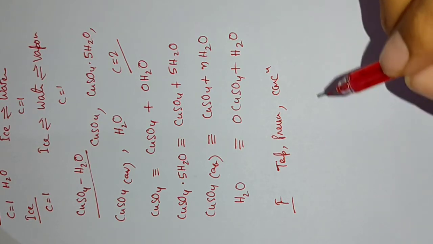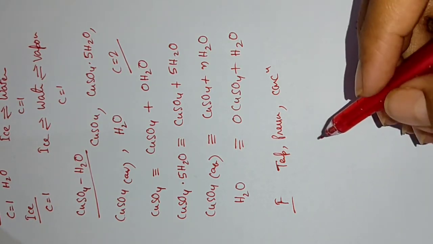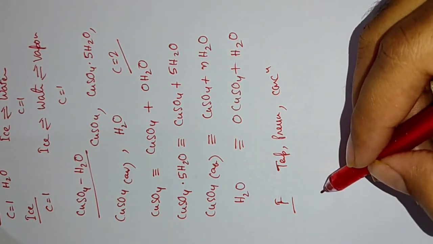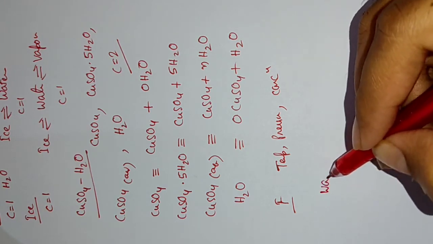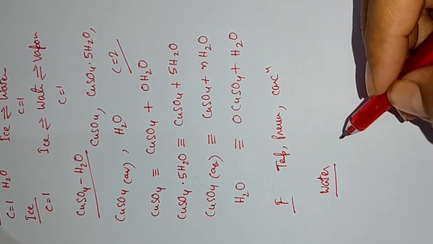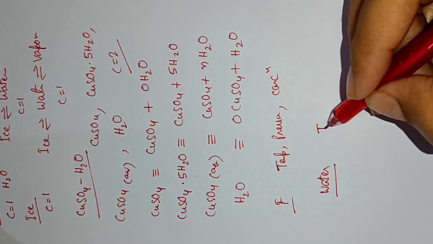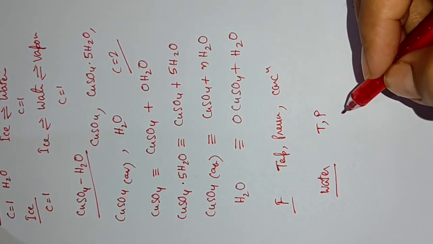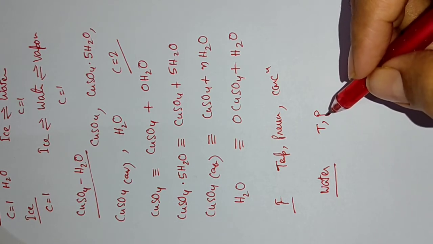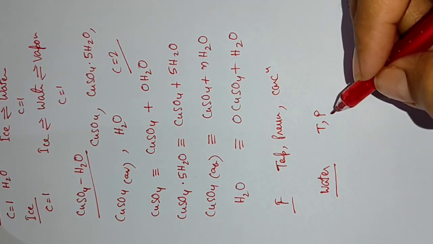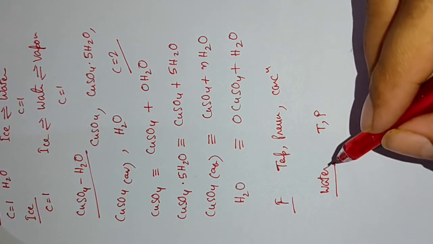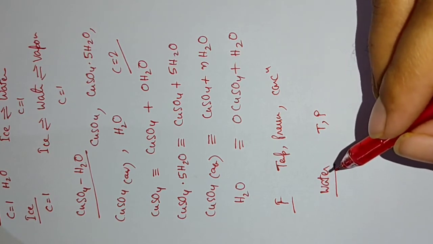Now for a single phase system, say liquid water, here you will be able to change both temperature and pressure. These two can be varied independently without changing the state, without changing the liquid phase.